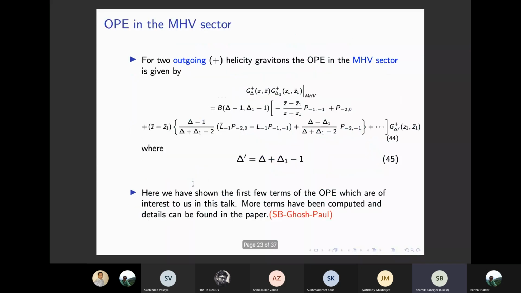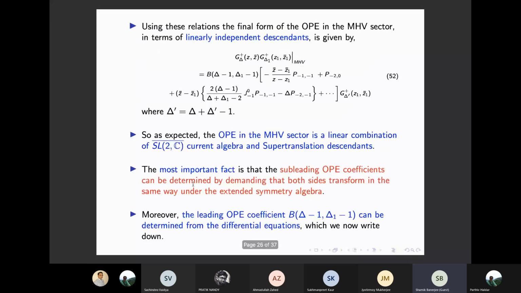And you can see that the OPE is actually written in terms of both the SL2C bar and the super translation descendants, and that is essentially a reflection of that fact.